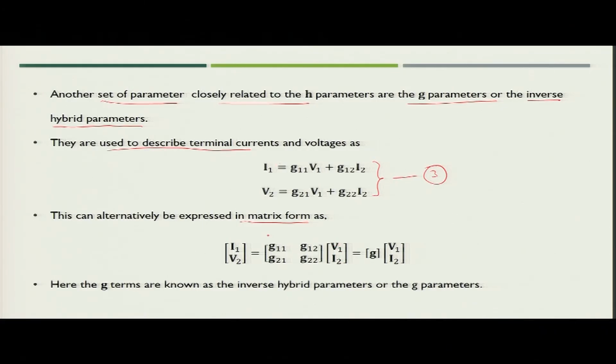Since these are the inverse of H parameters, because in case of H parameters we had V1 and I2 as dependent variables, here we have the opposite, I1 and V2 as dependent variables. So, we say G is the inverse of hybrid parameters, or in short, G parameters.